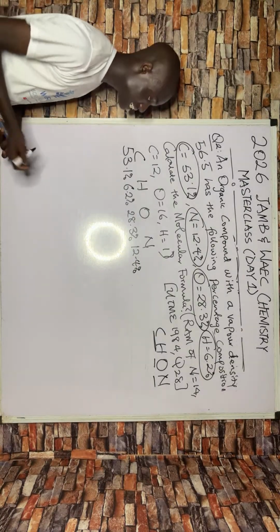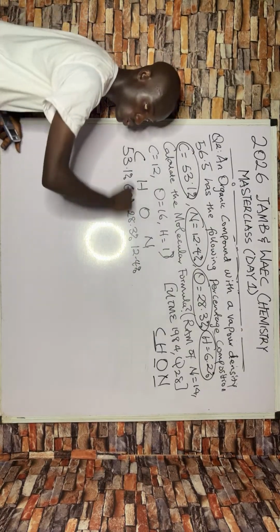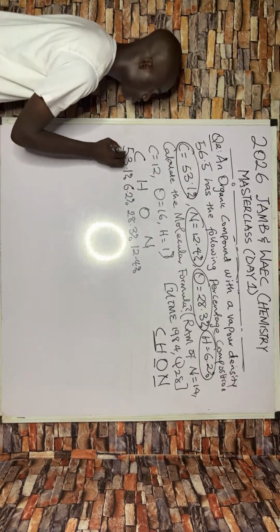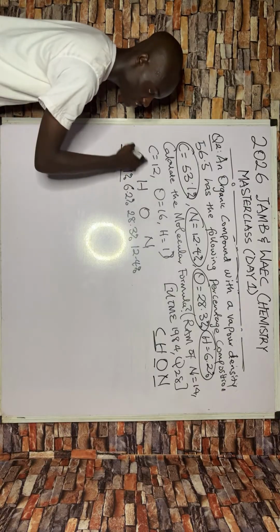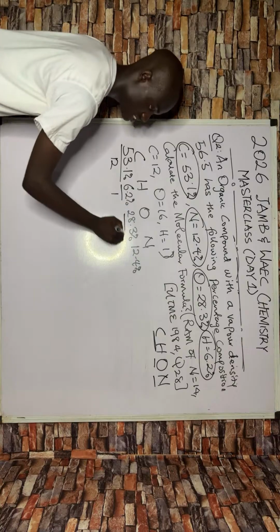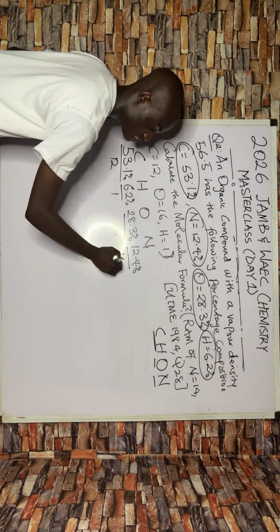The first step is to divide the percentage composition by the relative atomic mass. So I divide by the relative atomic mass for carbon, which is 12, for hydrogen it is 1, for oxygen it is 16, and for nitrogen it is 14.